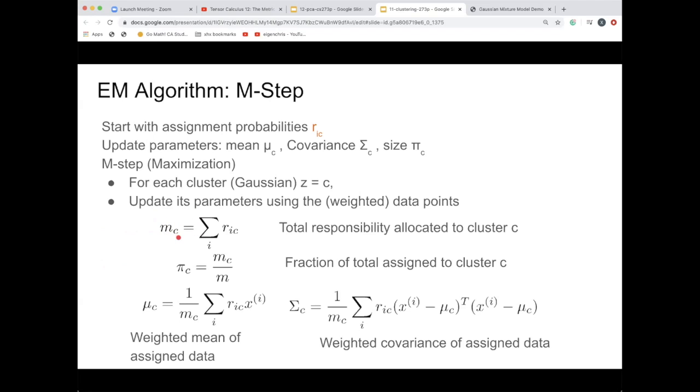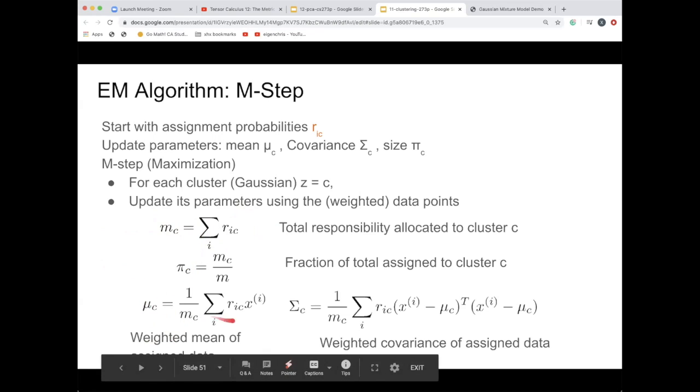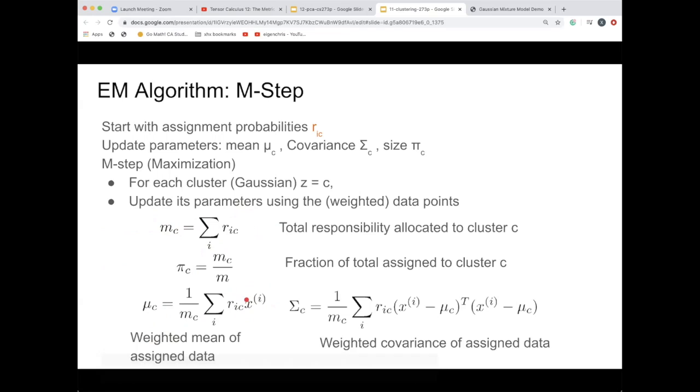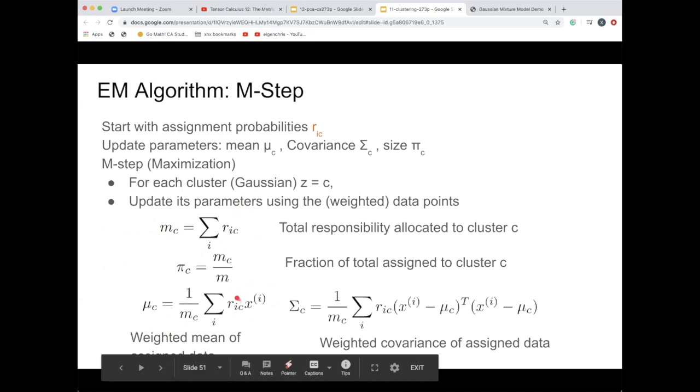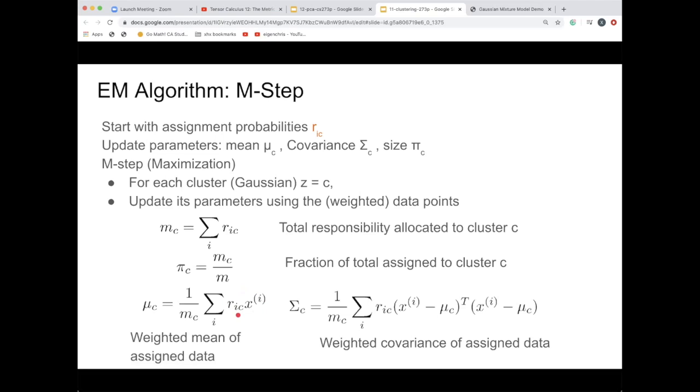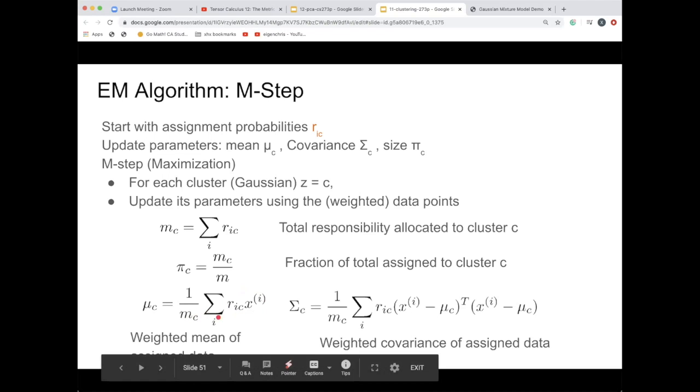That is mu_c here. It is also the average of the data samples, however the data samples are weighted by the membership assignment variable r_ic. Because we do not have a hard assignment, we weight them by this parameter. In the k-means algorithm, we have a hard assignment and we simply take an average of the data associated with that cluster. That is the difference between the two.